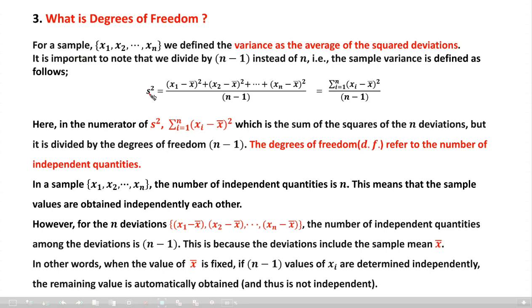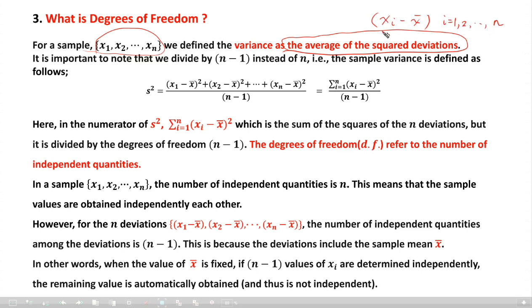For a sample x1, x2, ..., xn, there are n sample values. We define the variance as the average of squared deviations. What is deviation? Xi minus x bar, where x bar is the mean, and i goes from 1, 2, up to n.